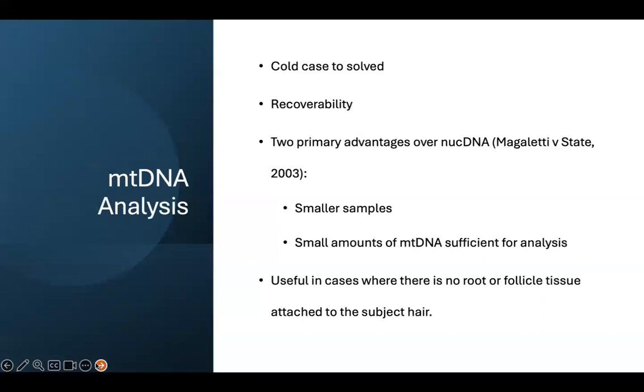Mitochondrial DNA can take smaller samples and small amounts of mitochondrial DNA, as mentioned in Magaletti versus State. So this is useful in cases where there is no root or follicle tissue, such as this case, where they only had the shaft.